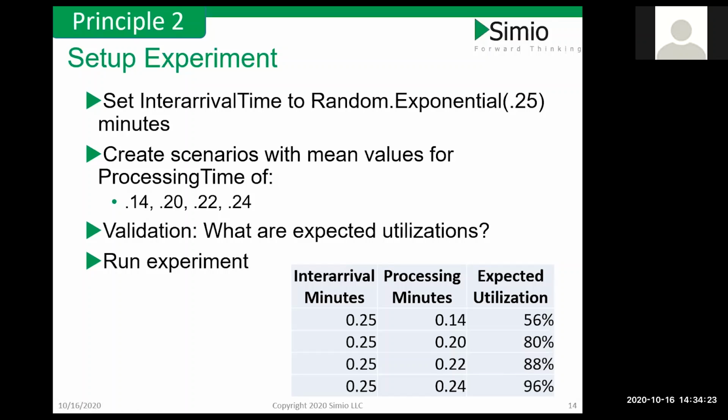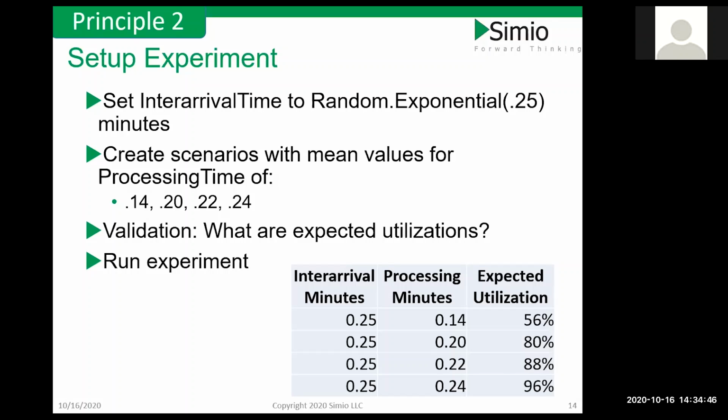Now, again, we're not looking for anything that's dead accurate. All we're looking for is a ballpark figure to help us assess the validity of our model. And so we're going to run an experiment, and based on that experiment, these are the expected utilizations I'd like to get out of that. Okay.